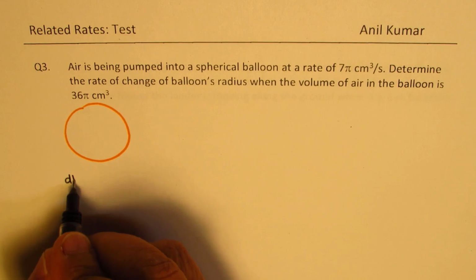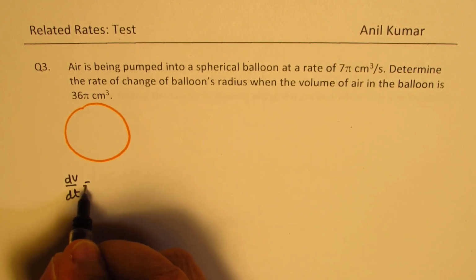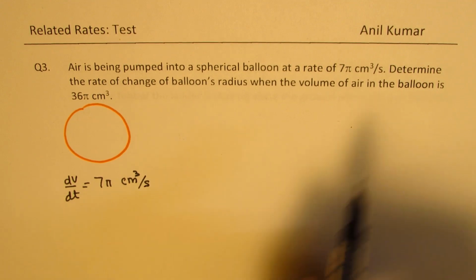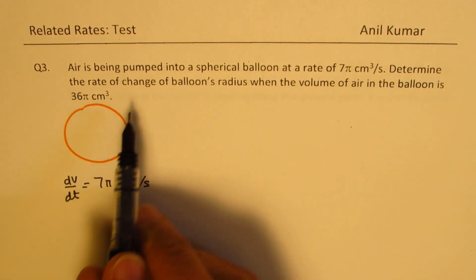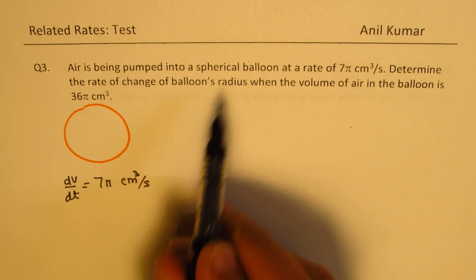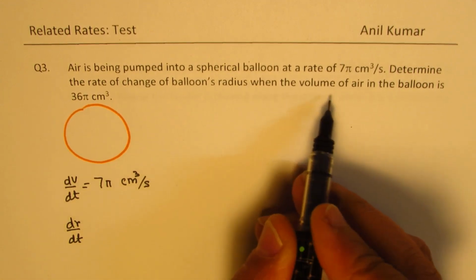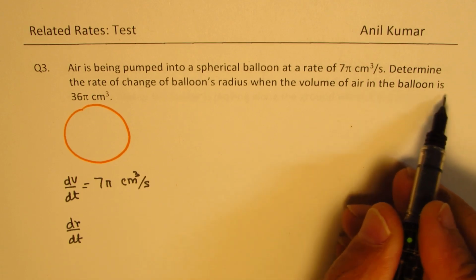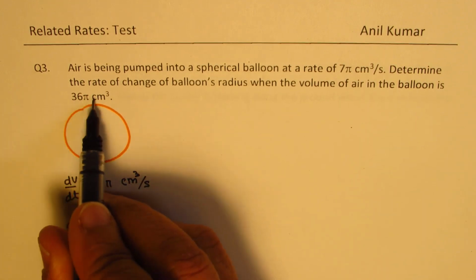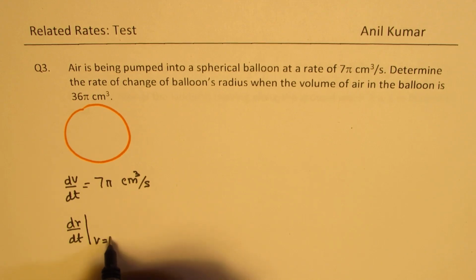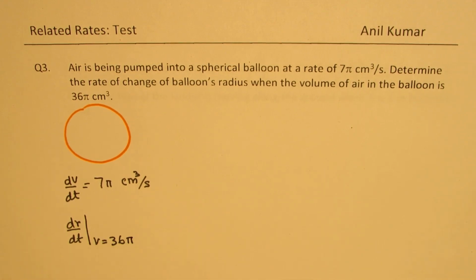So we have dV dt given to us, which is 7 pi centimeter cube per second. Determine the rate of change in balloon's radius. That means we need to find dr dt when the volume of the air in the balloon is 36 pi centimeter cube. When the volume is equal to 36 pi.